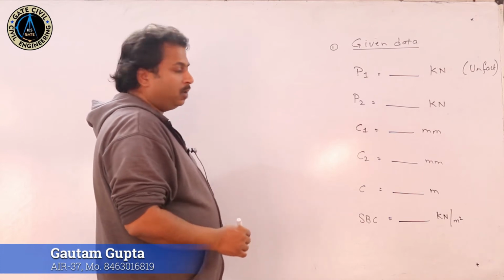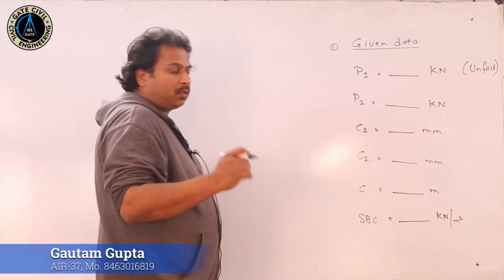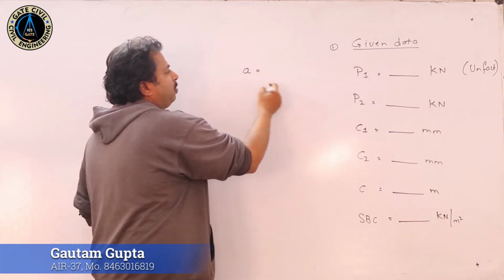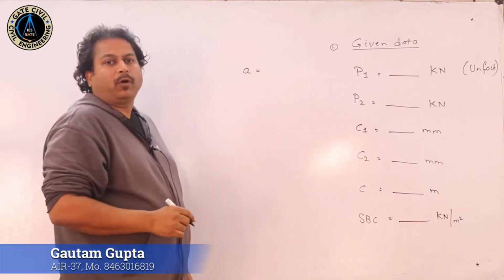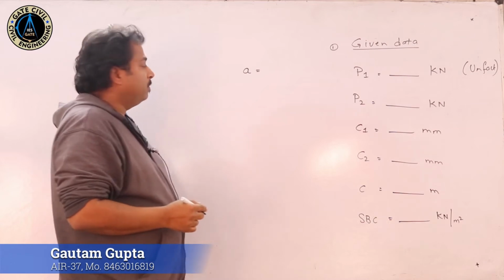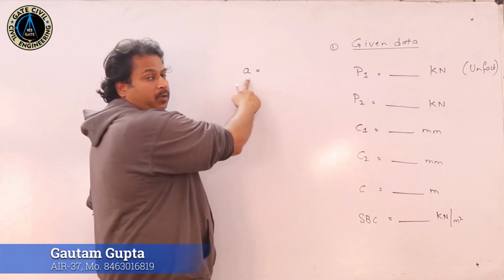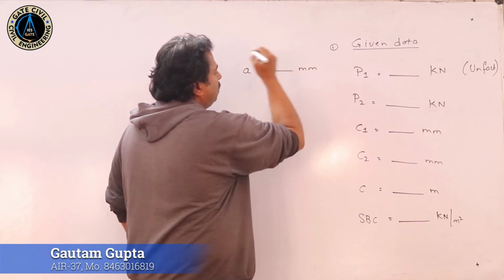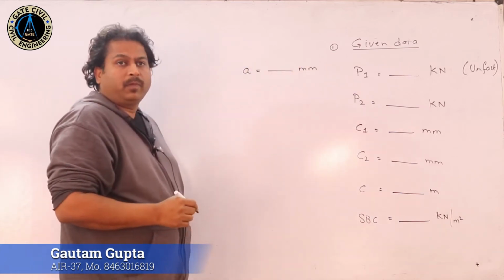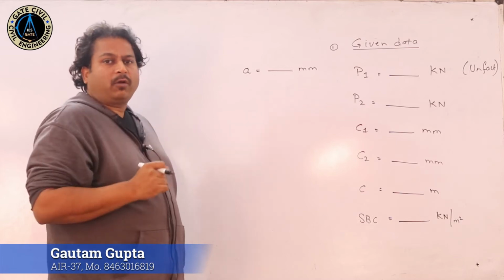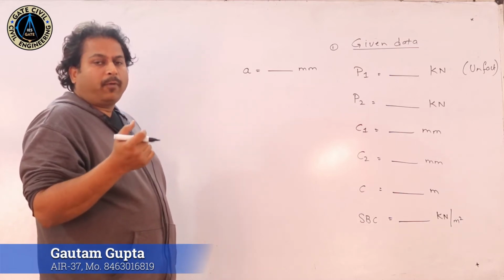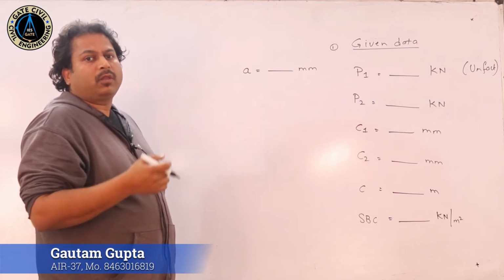Apart from this data, there are chances that in a question, the examiner also provides you with the projection beyond column 1, that was represented as small a. So small a can also be given in the question in mm. But if they are not providing the small a value, you can consider it approximately 600 or 700 mm.